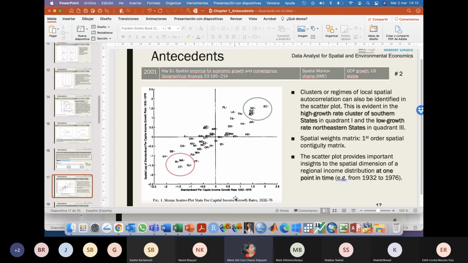So the Moran scatter plot provides important insights into the spatial dimension of a regional income distribution at one point in time. Well, in this case, what Rey represented were the growth rates, as I said. So the jump, the growth from one point in the past, 1932, to one point in the future, 1976.